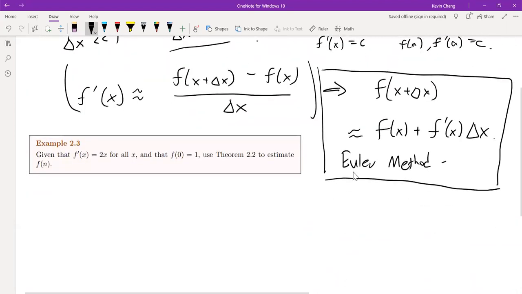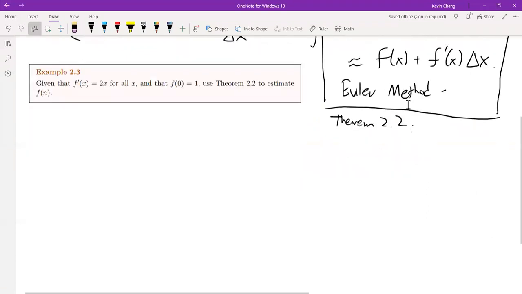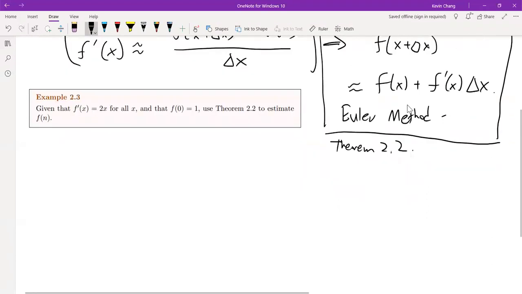So for our example here, given that f prime of x is equal to 2 times x for all x, and that f of 0 is equal to 1, we will use theorem 2.2. This is from our handout, by the way. So theorem 2.2 to estimate f of n. So we can imagine ourselves with a point x equals 0, and then f of 0 equals 1. We are given this information, and now we can use this to try to find f of n.